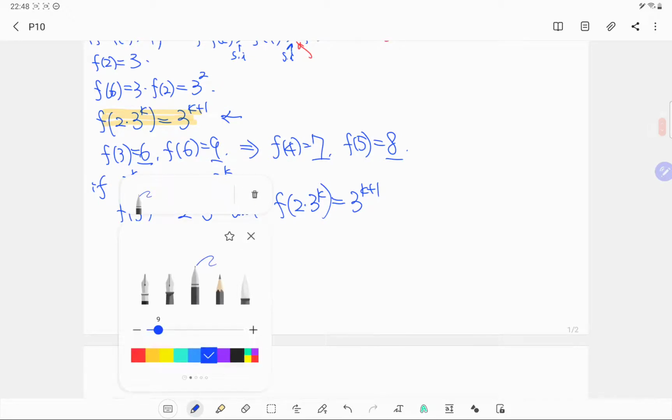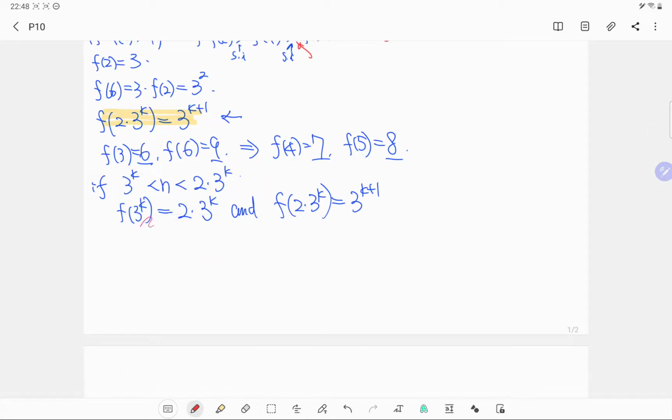So now we can subtract these two numbers so that we have 2 times 3 to the k power minus 3 to the k power, which is, we can factor out 3 to the k power, so that we have 3 to the k power multiplied by 2 minus 1, which is 3 to the k power.